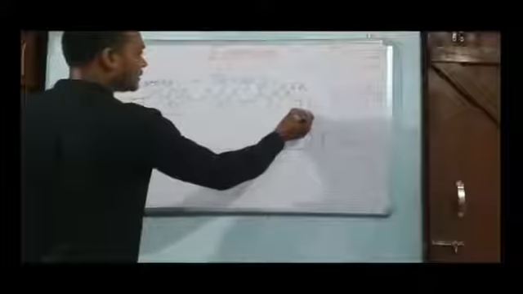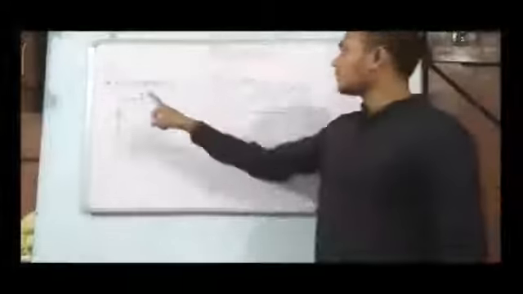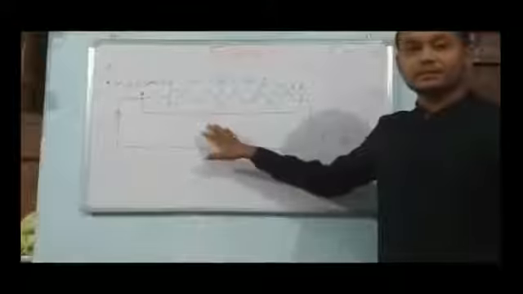The potential difference across all three resistors is V, having two terminals X and Y. So the potential difference across these two terminals X and Y is V, the current flowing in the entire circuit is I, and the resistors are R1, R2 and R3.